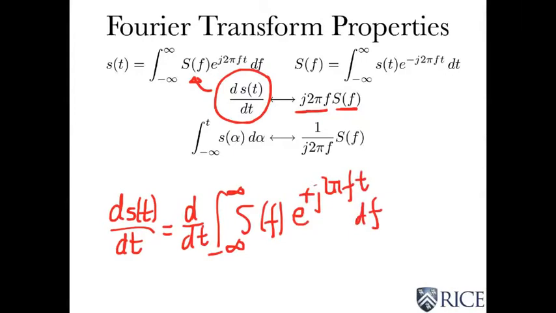What I'm going to do is take this derivative and move it inside the integral. The only place that t occurs is right there in that complex exponential. Well, the derivative of the complex exponential is just j 2 pi f times the complex exponential.